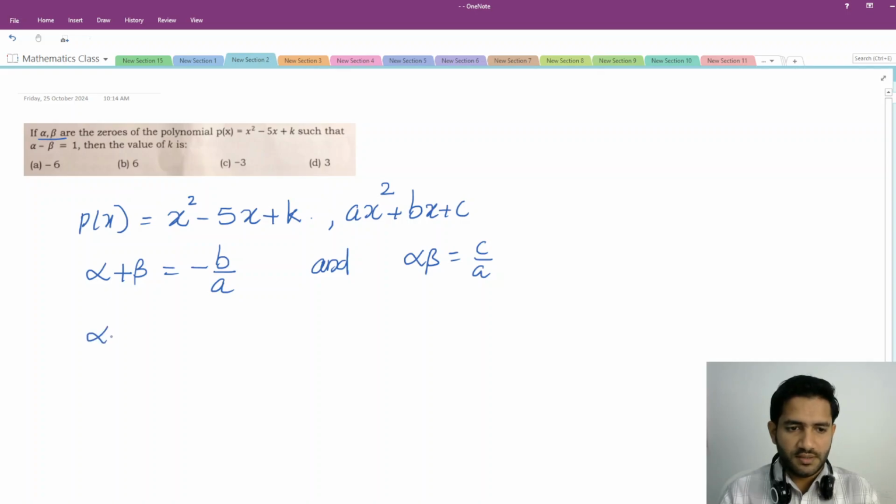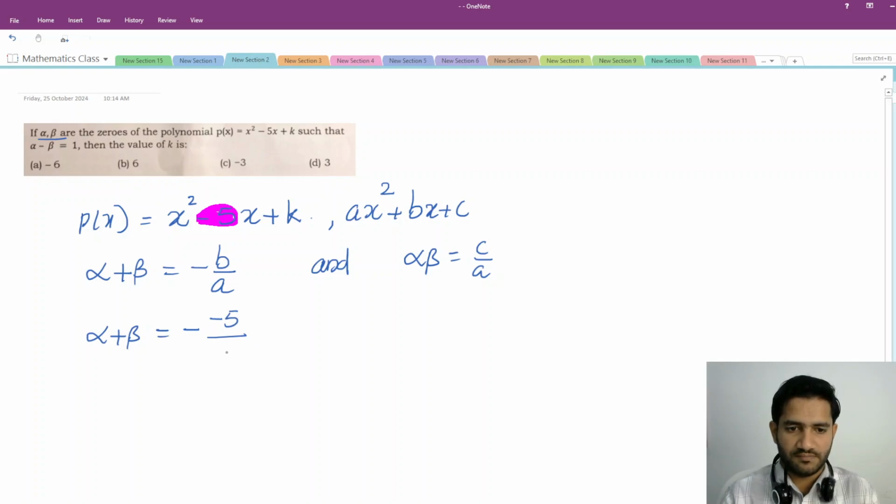So here alpha plus beta equal to minus b, the coefficient of x. Here the coefficient of x is negative 5. And a is the coefficient of x square, which here is 1.